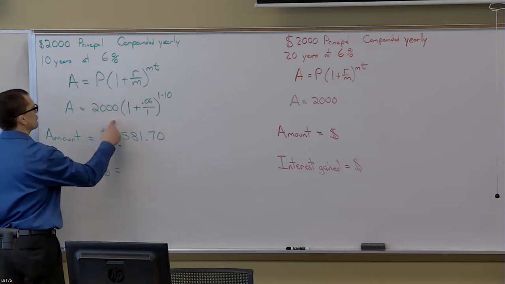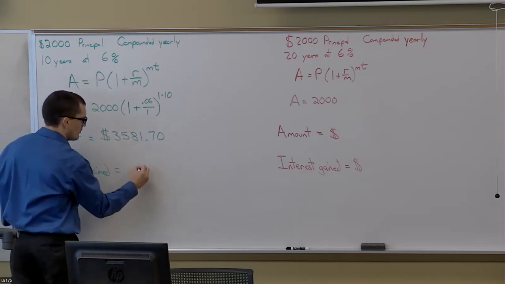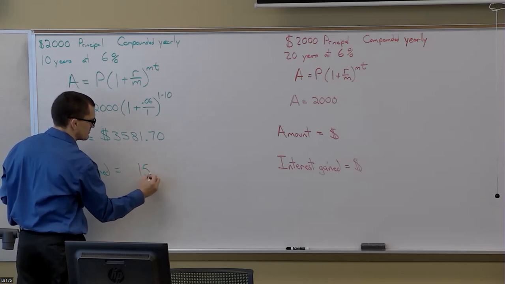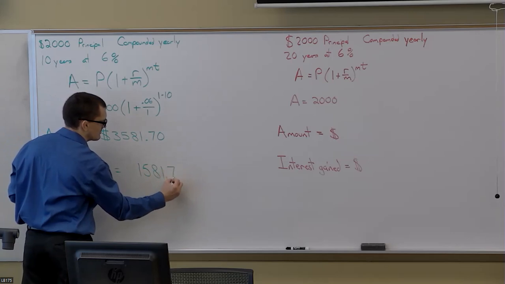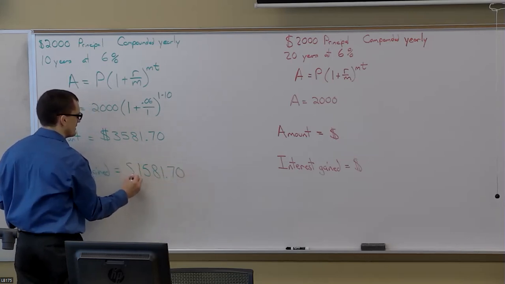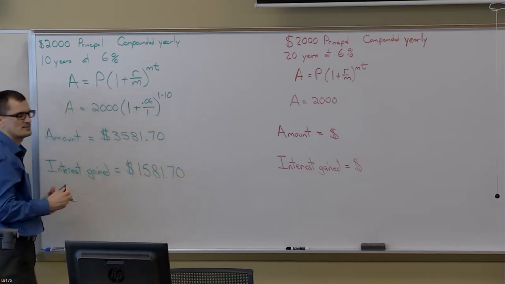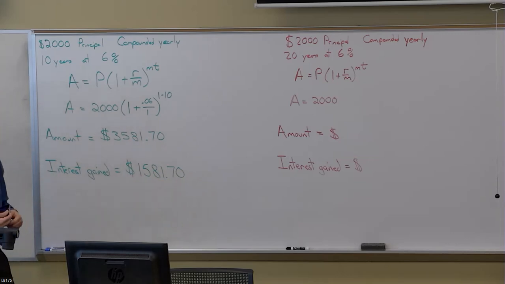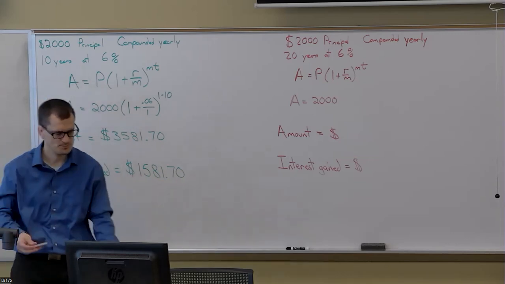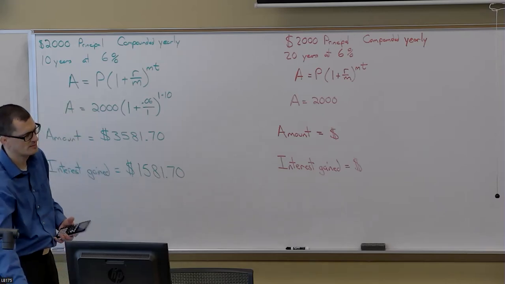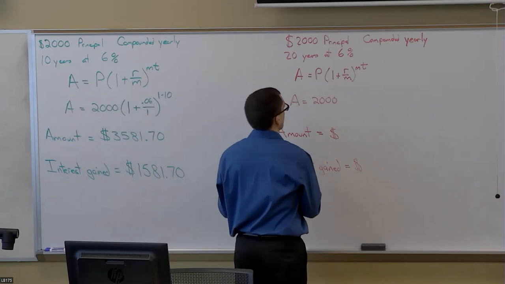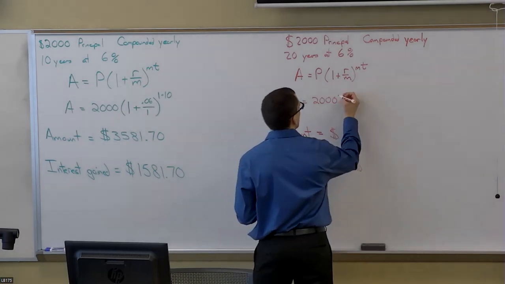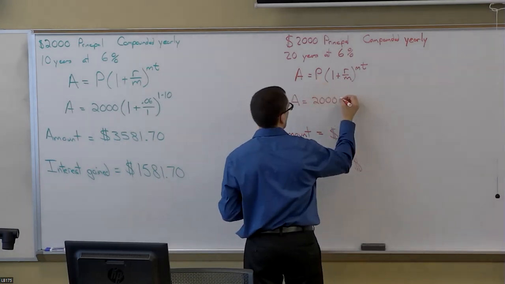That means the interest gained here in the first 10 years was $1,581.70. Now at 20 years, doing the exact same thing, but just keeping your money in there for longer.